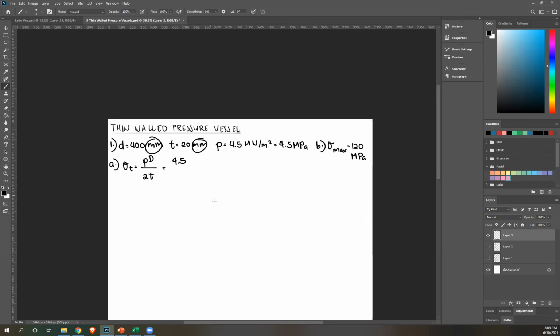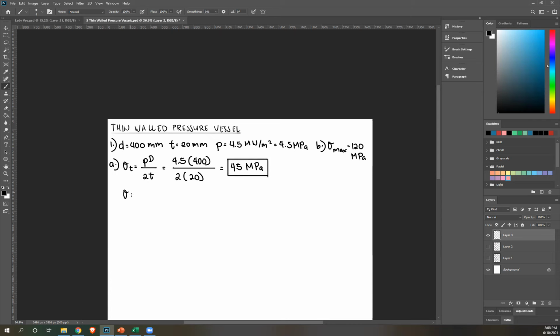And our dimensions are in millimeters, so no need to convert. So 4.5 times D, which is 400, over 2 times thickness, 20. Solving for this, you should get 45 MPa. Yes, correct. Then stress, same with your pressure, this is Newton and millimeter, so MPa.